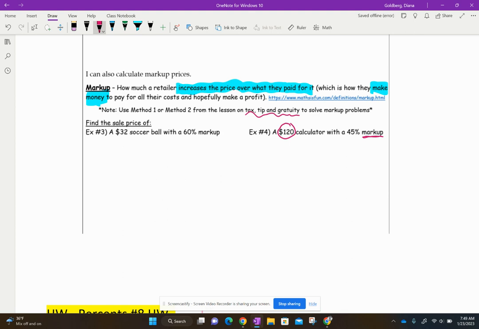So what we're going to want to do here is use these methods that we have used in the past. I'm going to do a nice quick one here. I'm going to use method 2 and I'll go ahead and use the proportion. In method 2, you get right to the answer with 145%, because that's 100% and I'm adding 45%.